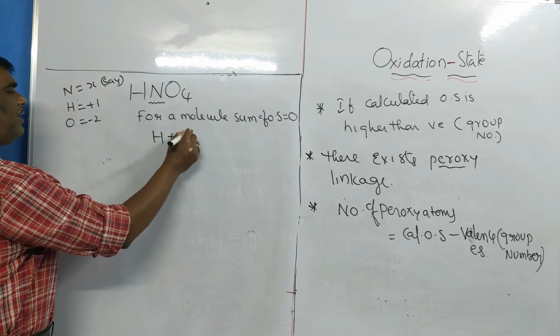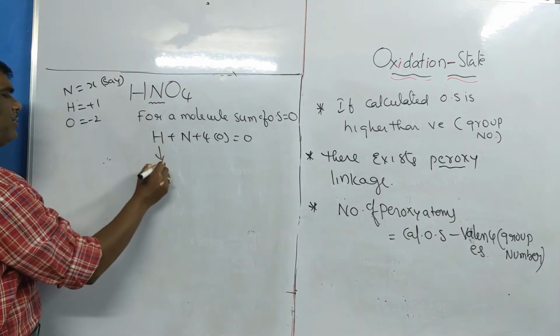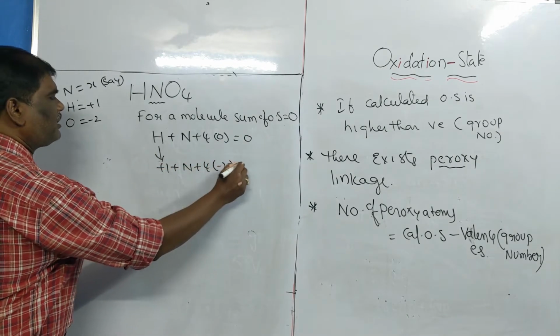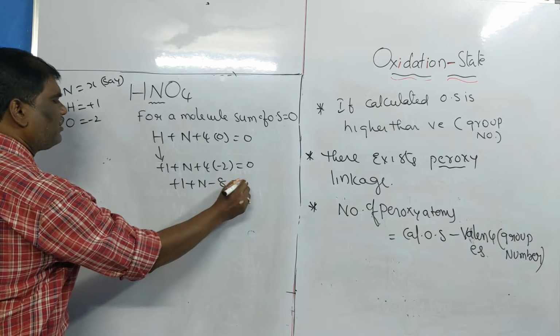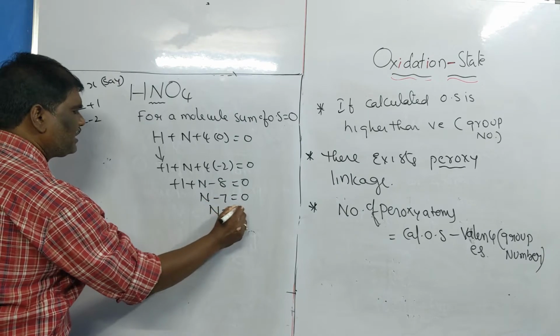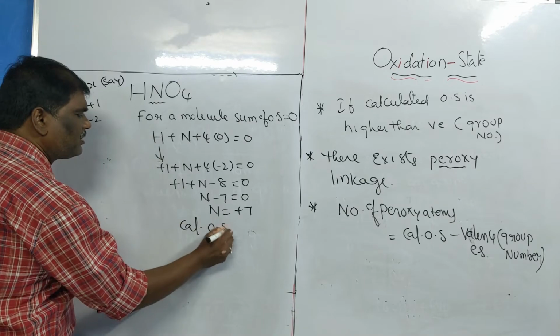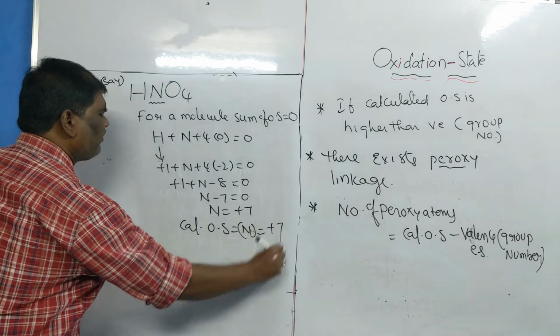Hydrogen plus nitrogen plus 4 oxygens equal to 0. +1 plus N plus 4 into -2 equal to 0. So +1 plus N minus 8 equal to 0. N minus 7 equal to 0. N is +7. This is the calculated oxidation state. The calculated oxidation state of nitrogen is +7.